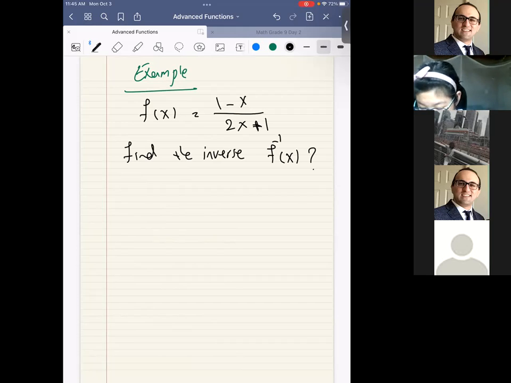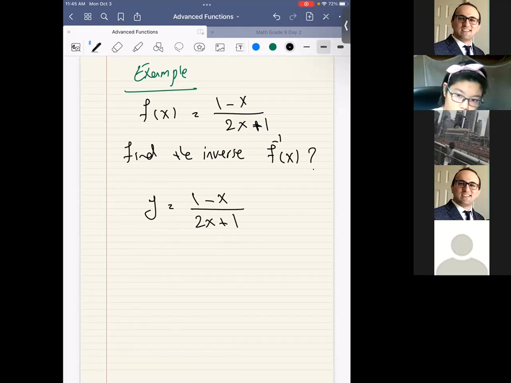You know how to begin, and that's the most important thing. You just write y is equal to 1 minus x over 2x plus 1, and you try to solve for x. Do you know how to proceed from here?